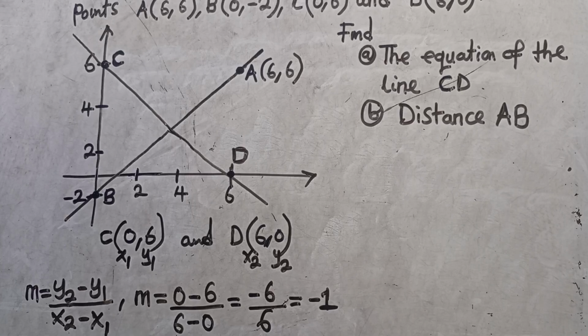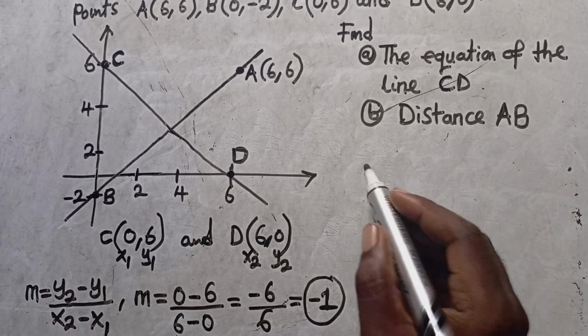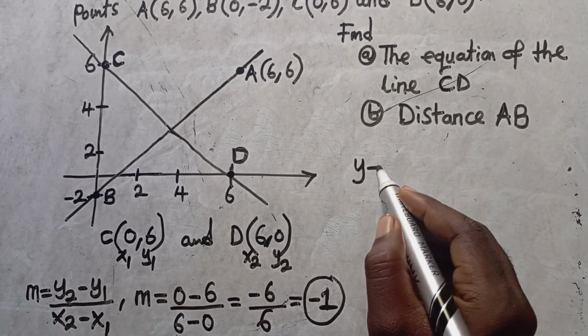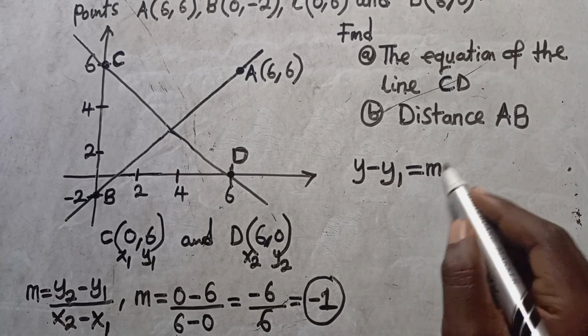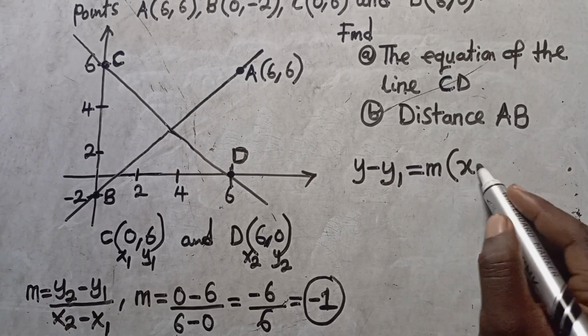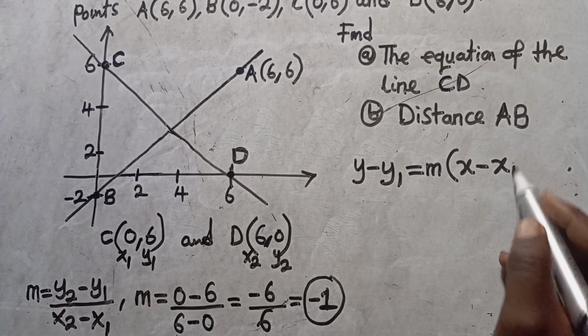After finding this gradient, I now substitute the gradient and a point (x1, y1) into the general equation of all straight lines, which is y minus y1 is equal to m open bracket x minus x1.